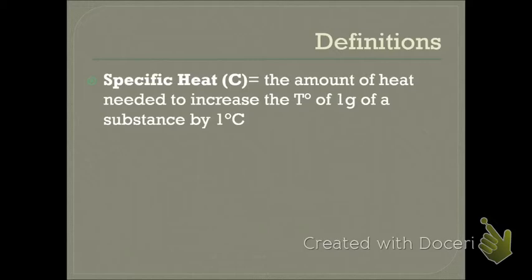Specific heat is specific to whatever the substance is. It is the amount of heat needed to increase the temperature of 1 gram of a substance by 1 degree Celsius. Whereas calorie is the amount of heat necessary to raise a gram of pure water by 1 degree Celsius, for other substances we can calculate the amount of heat needed to increase the temperature of a gram of that substance by 1 degree Celsius.